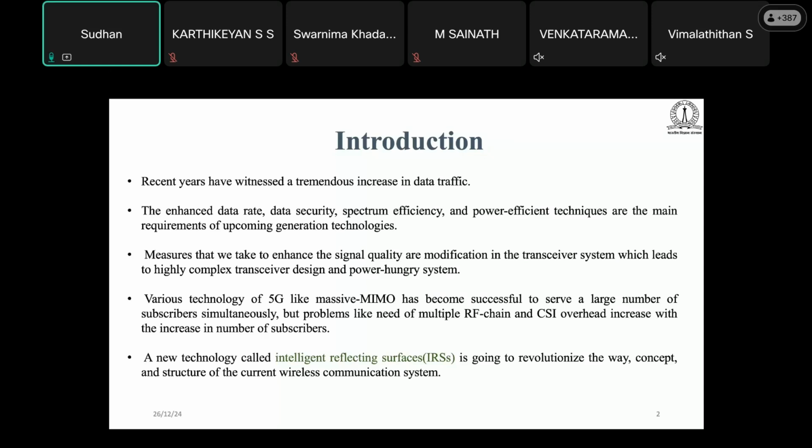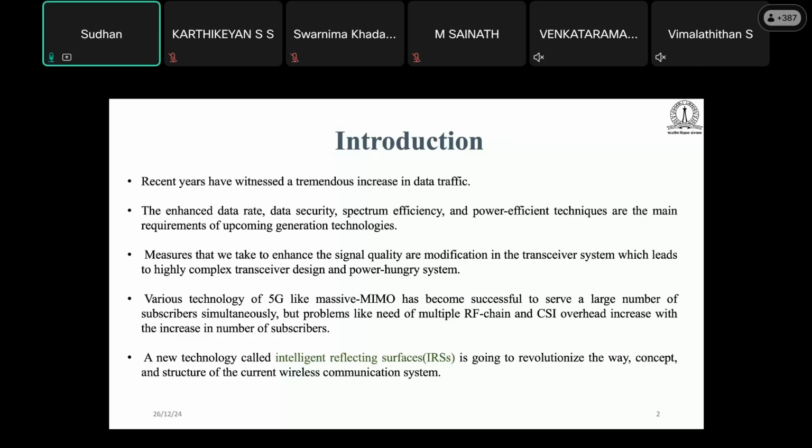This has to be fed back to the transmitter, and that is another bottleneck: that huge amount of CSI has to be estimated at the receiver, and those again need to be fed back to the base station. So this is not a very easy job.